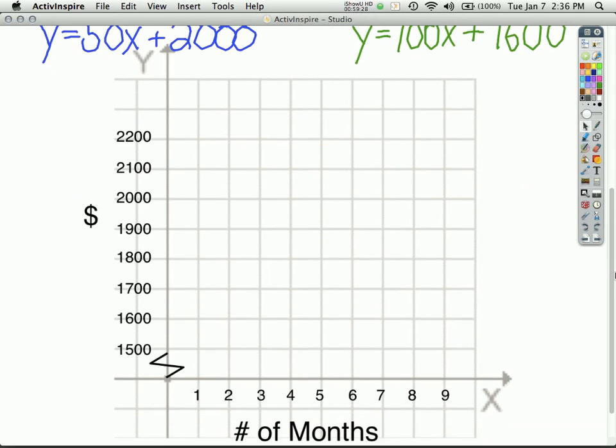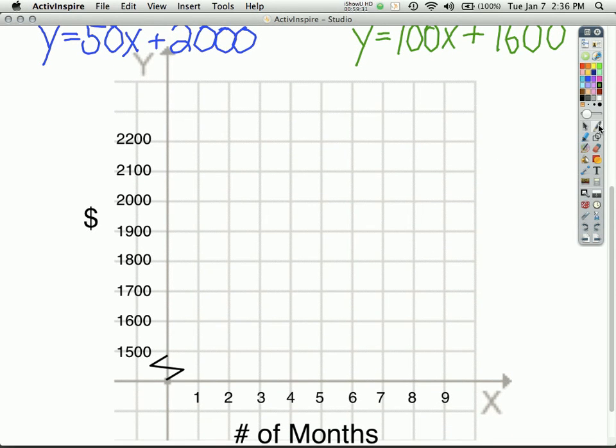So now we want a graph. John, go ahead. Like, for the rate, you have 50 over 1 month, and then you find the rate and the starting point, and then you multiply it.